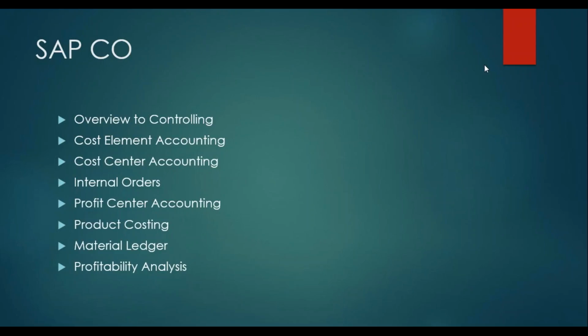Not only for the experienced guys, there are a lot of opportunities which keep on coming for freshers also, because whenever you go for a project, you also need some freshers so that they can help you out in some of the activities. So the job market in SAP FI-CO is always going to be good.